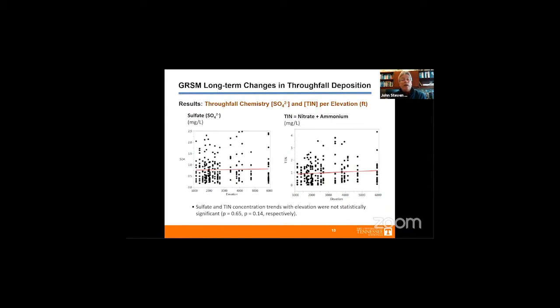But nonetheless, the trend is shown where sulfate and total inorganic nitrogen trends along the elevation were not statistically significant across the range in concentrations, but not loadings.